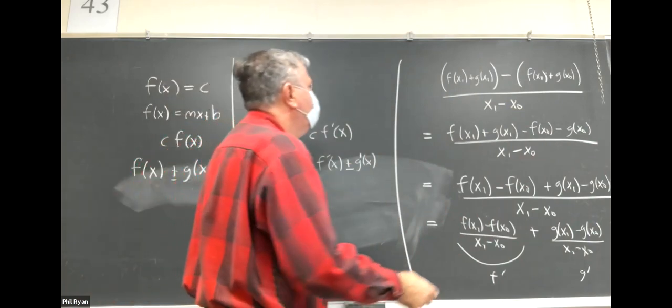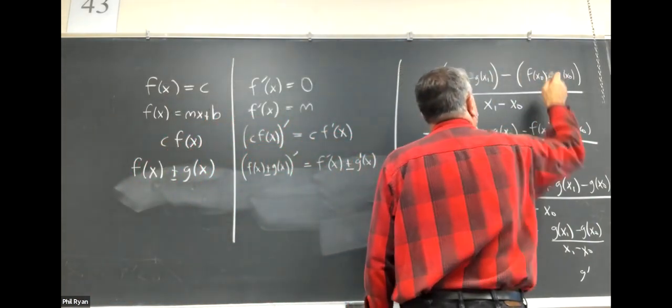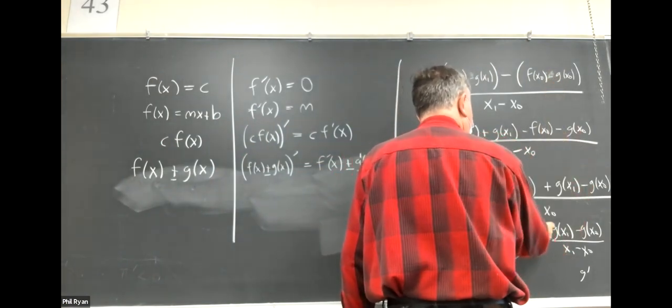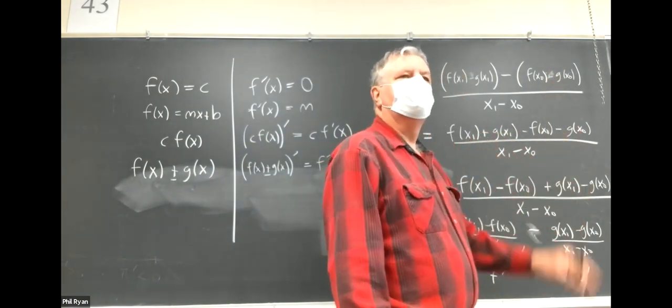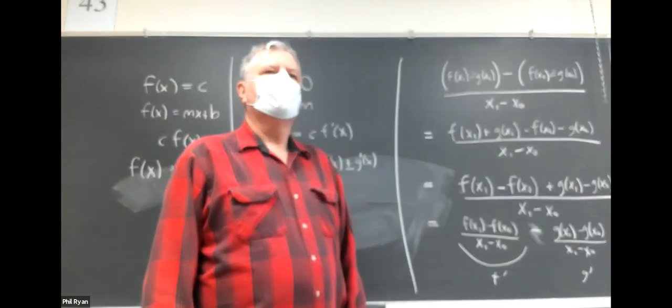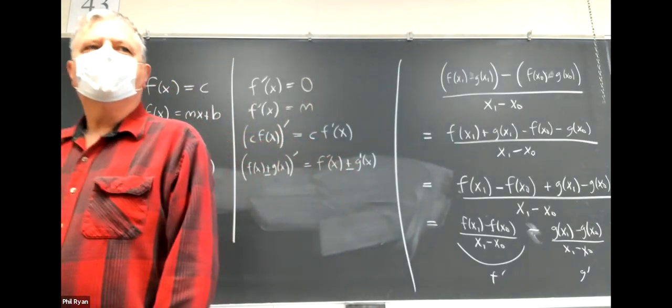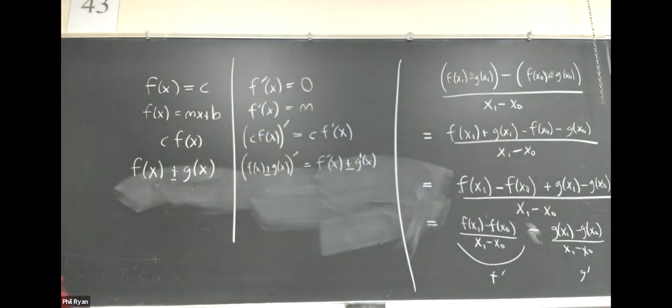If this had been a minus, we would have ended up with a minus there. So the derivative of a difference is the difference of the derivatives. These rules are pretty simple, right?